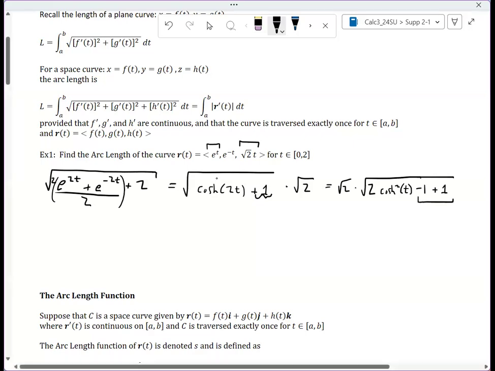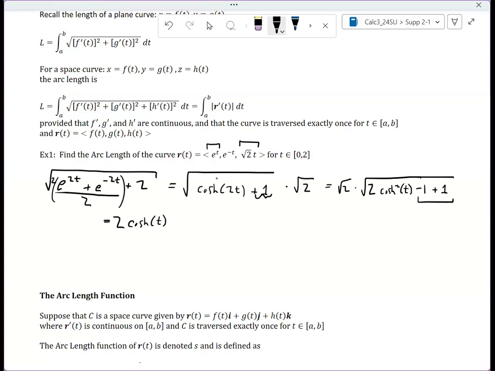So this minus 1 and plus 1 cancel out. My square root of 2 hits the other square root of 2 and just makes a 2. And then square root of cosh squared of t gives me cosh of t. So this is what this whole square root, this whole integrand turns out to be. It's just 2 times hyperbolic cosine of t.